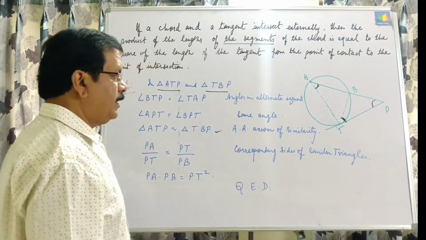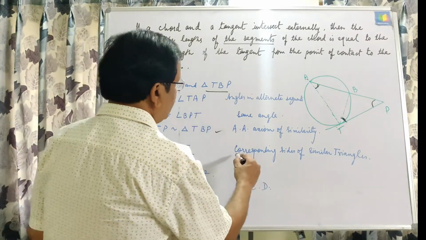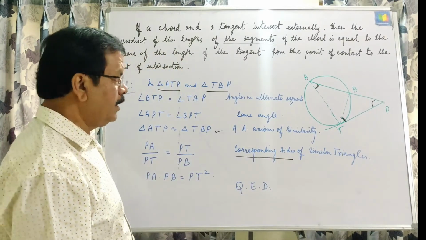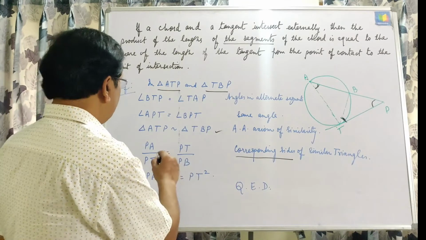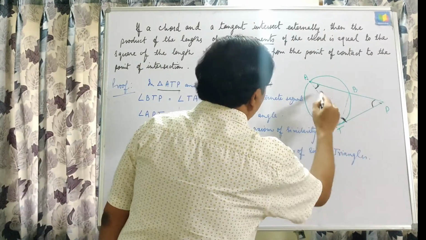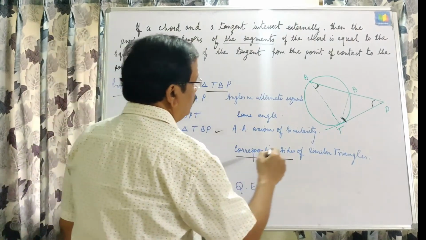And that is why we know that in similar triangles the ratios of corresponding sides are equal. So PA upon PT of the bigger one is equal to PT upon PB.